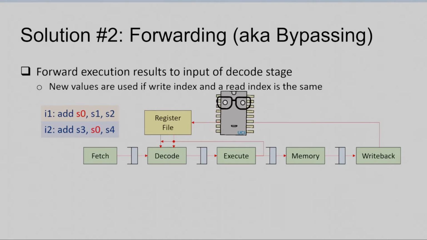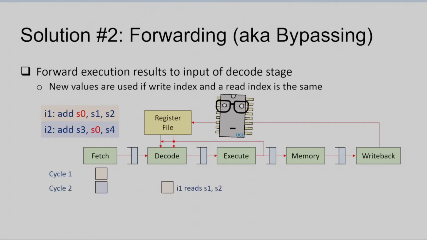so if instruction 1 writes to S0, let's walk through the time steps. Instruction 1 is in the fetch. Instruction 1 is in the decode stage. It reads S0 and S1 and S2 from the decode stage.